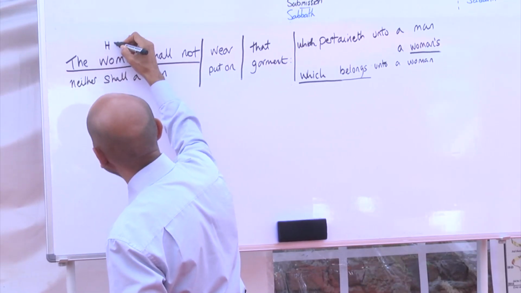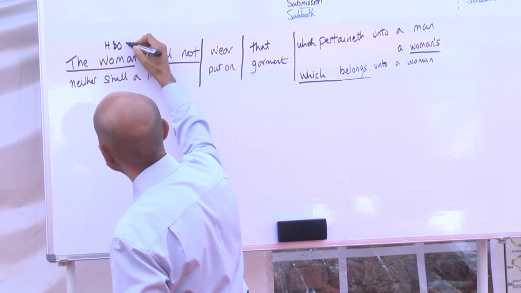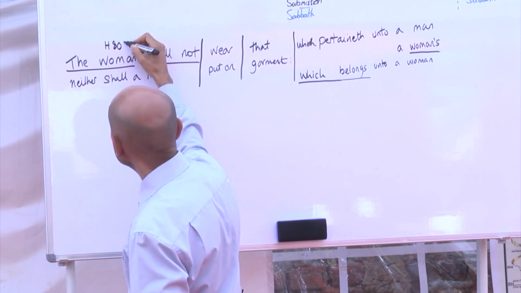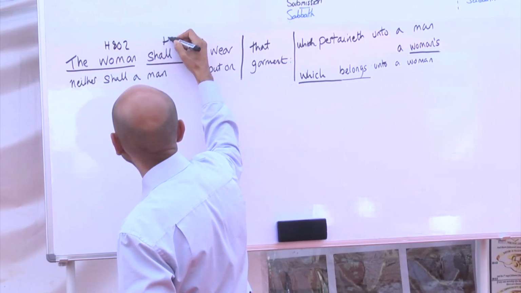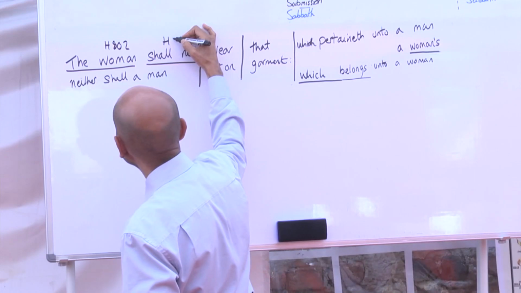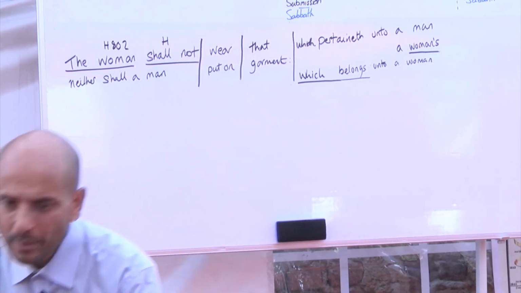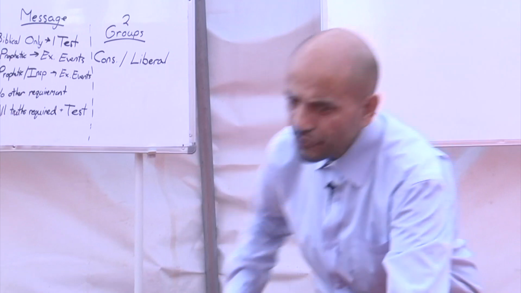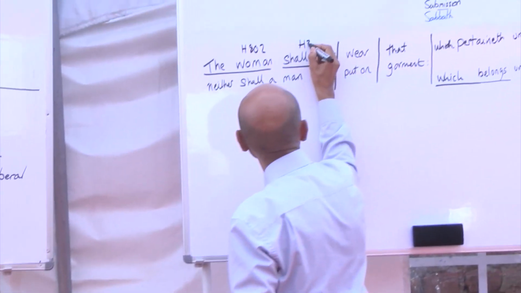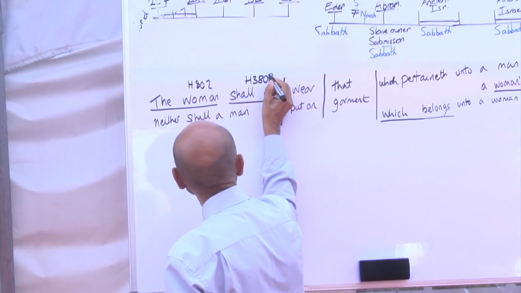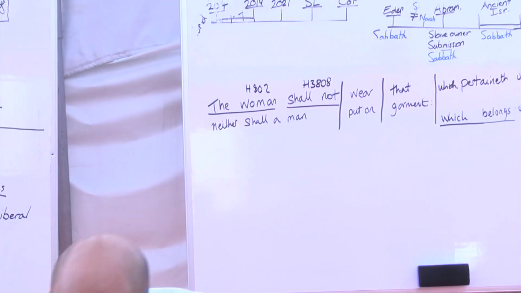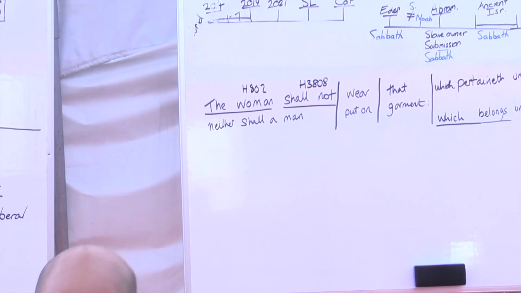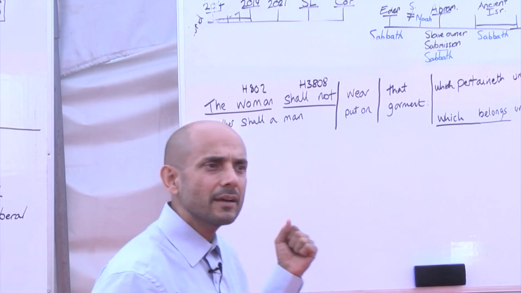What number is this? Is it 802? 802? This one? I probably won't be able to hear you. 3808? Is that right? No, did I misdo it? Everybody agree with that?